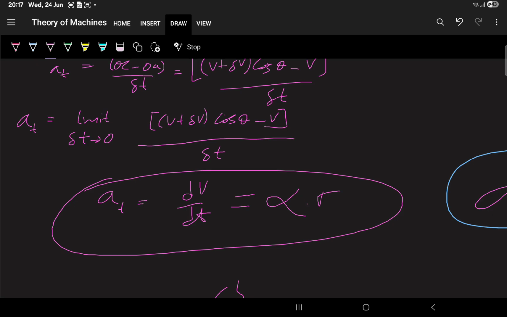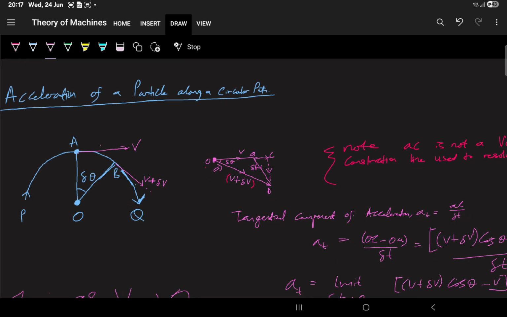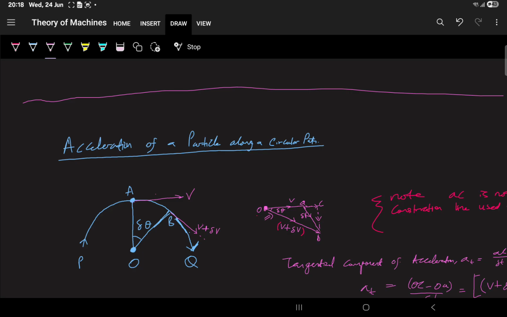Taking the limit, now let's do a little observation. We have this angle delta theta over a certain change in time, which we represent as delta t, which means if delta t is 0, there won't be an angle change, which also means delta theta will approach 0, right?